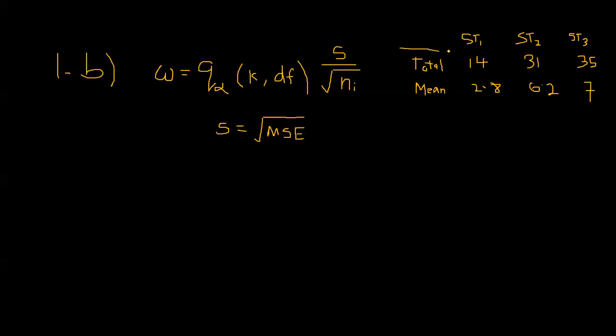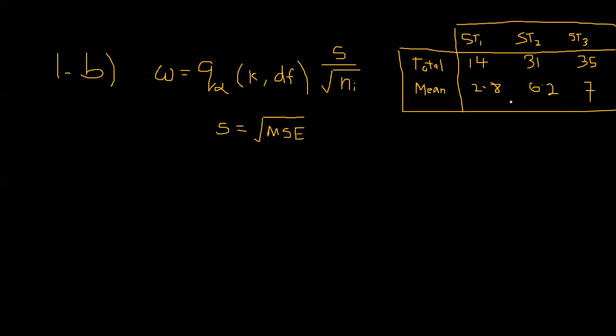Okay, so please show this table in your task. Please show all this table in your task. Show also the formula for omega. All right, now you can start to calculate the value of omega.